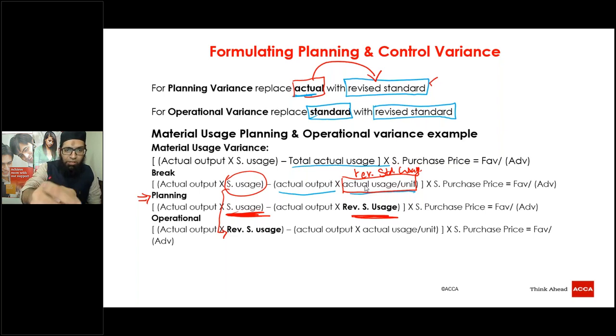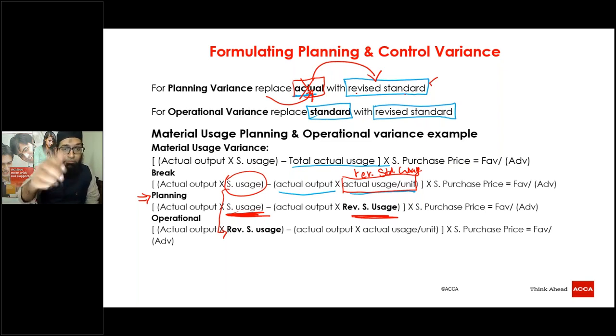That means if I replace actual with revised standard, from my formula, actual will be eliminated. Yes, I'm talking about the top line. Replace actual with revised standard. I'm not saying compare actual with revised standard.